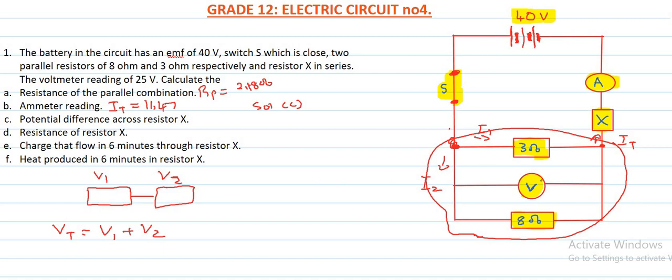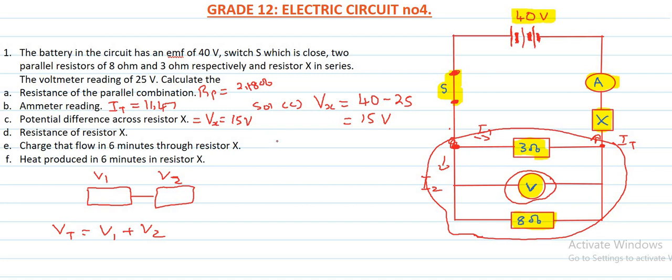Since we are given the voltage, which they said is 25, then the voltage through resistor X will be equal to the total voltage, which was 40, minus 25. Then the voltage through resistor X will be equal to 15 volts. The potential difference through X will be 15 volts.